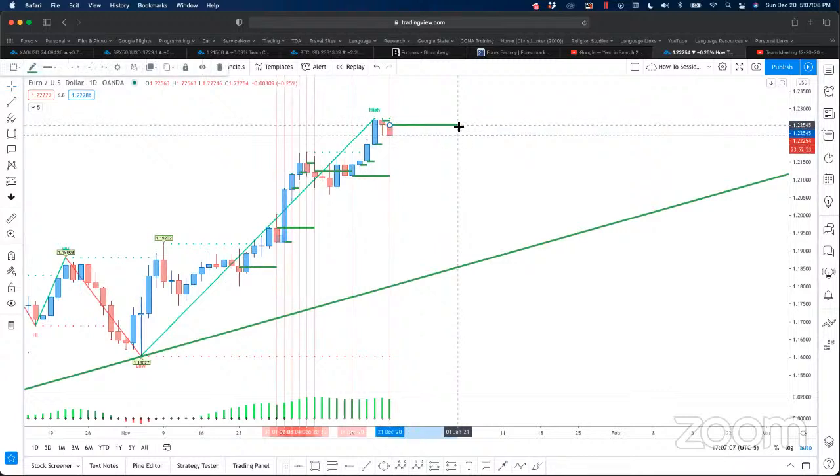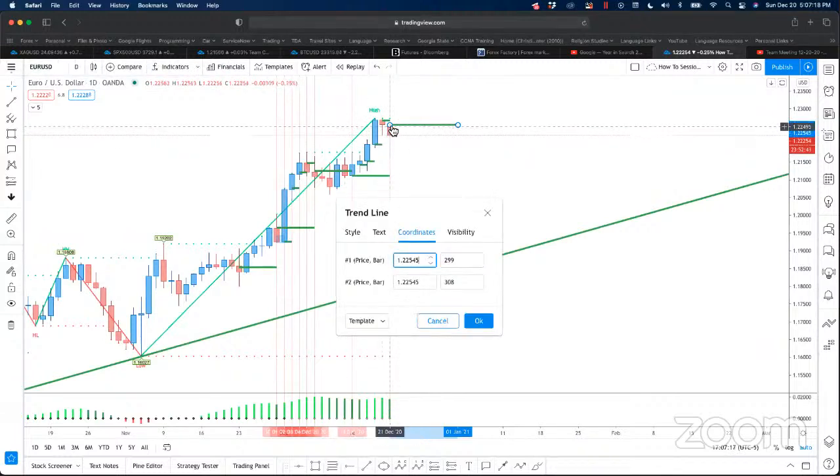Now we've got the weekly opening price for EU already, right? And if we want to be more precise, we can hover over the line and it tells you right here. So you've got the daily opening, which lines up with the weekly opening price of 122.